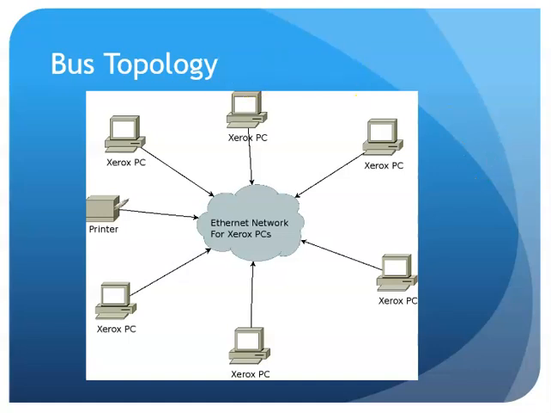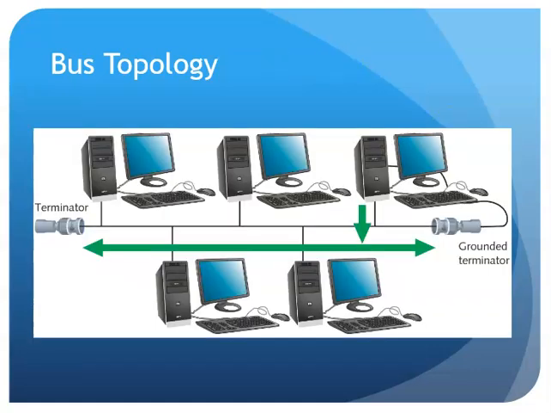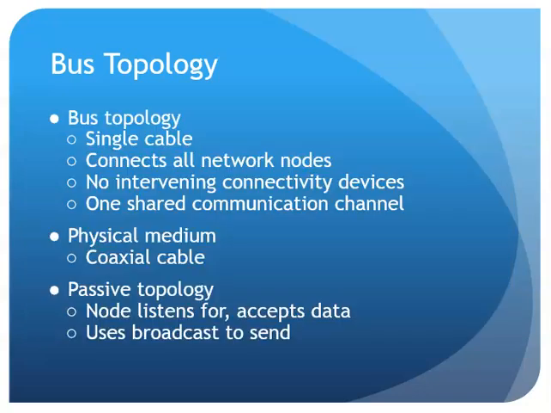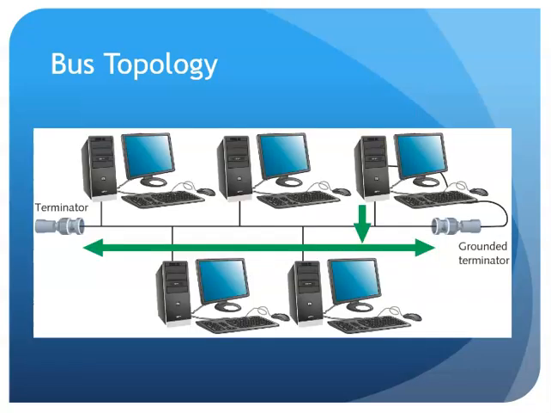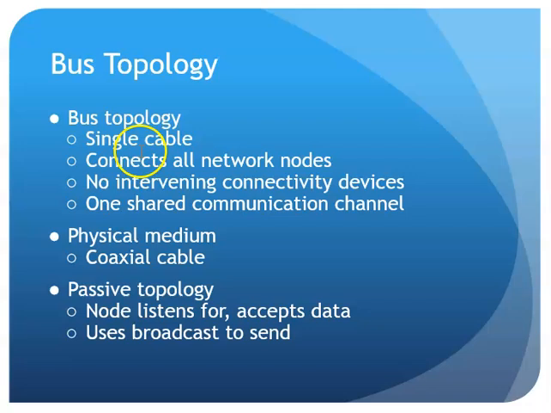One of the first ones they mention is our bus topology. Now, this is actually a picture of a bus topology, but you're like, okay, I don't quite understand what's going on. Well, the first Ethernet networks, and that's kind of why I had this here, this was Xerox's answer to a network: a bus topology where they used a single coax cable that the devices on the network would tap into.